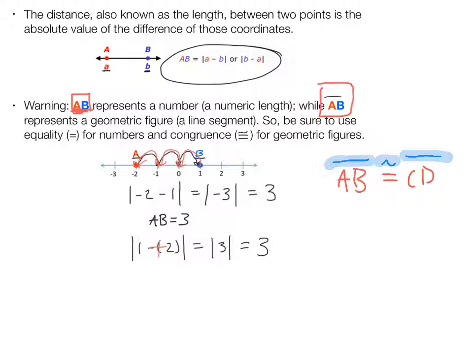So AB gets a hat, the equal sign gets a hat, becomes a congruent sign, and CD gets a hat. If we were saying AB, as in talking about the number, the length of AB, we would say AB is equal to the length of CD. So either all three have hats or all three don't have hats. Does that make sense? Yes.